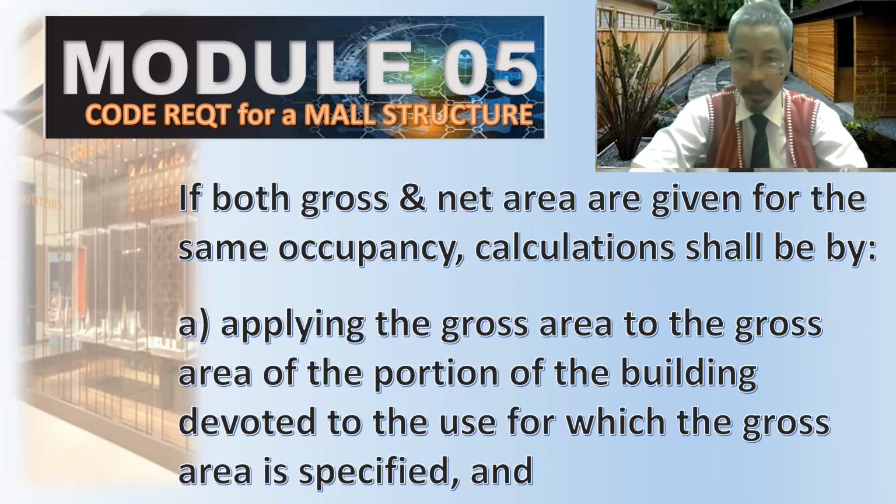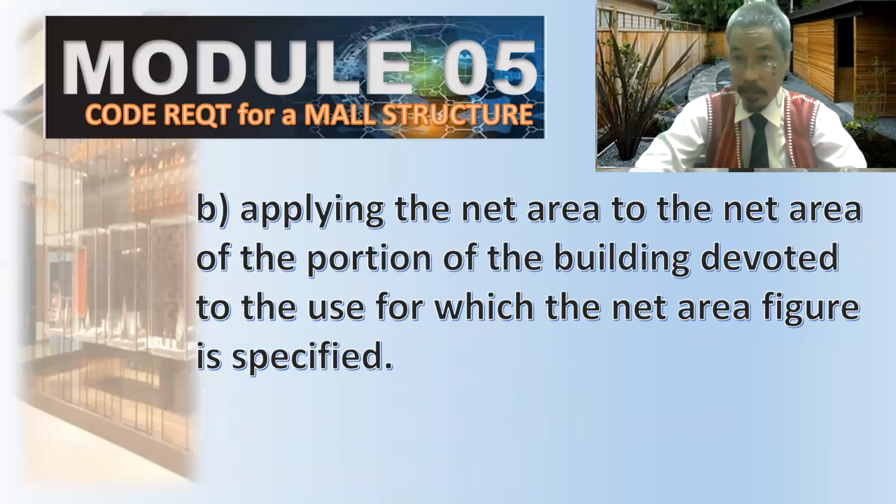Okay, so with that in mind, in both gross and net area, we should be reminded that the occupant load calculation shall be by applying the gross area to the gross area of the portion of the building devoted to the use for which the gross area is specified. Then apply the net area to the net area of the portion of the building devoted to the use for which the net area figure is specified.